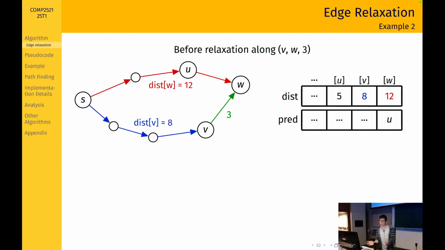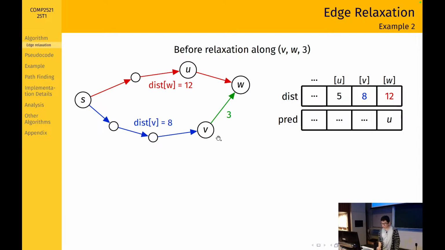But here's another example where currently the shortest known path from S to W is 12. Okay, and the predecessor of W is U, and we've also calculated that the shortest path from S to V is 8.